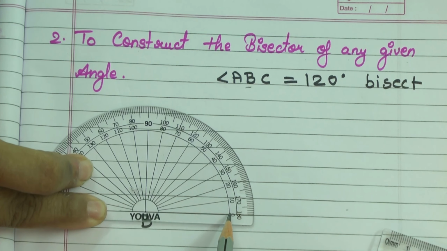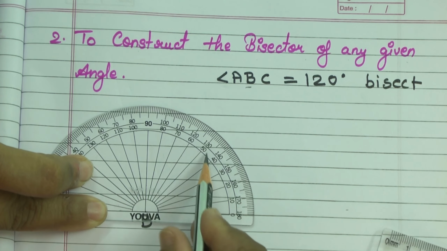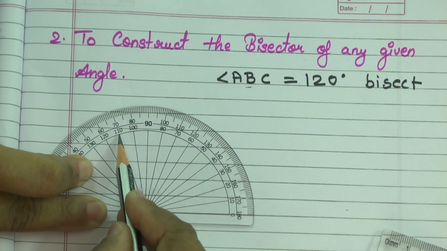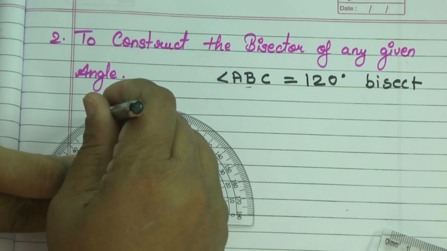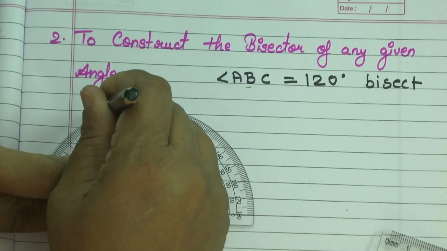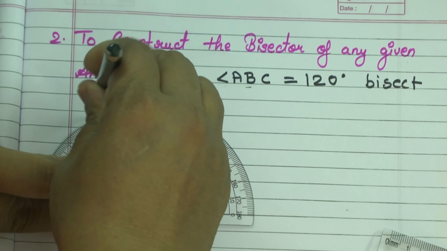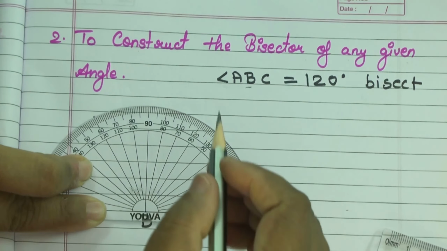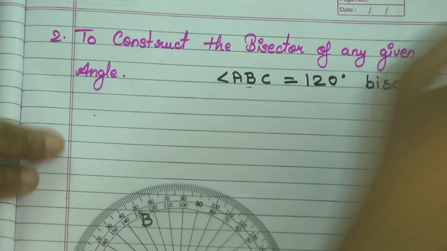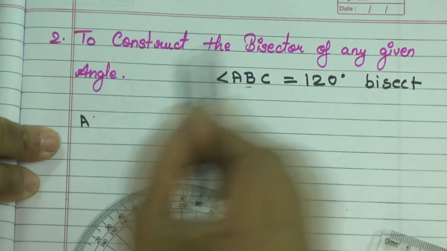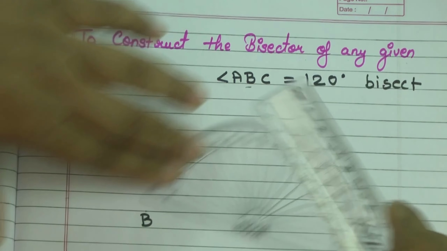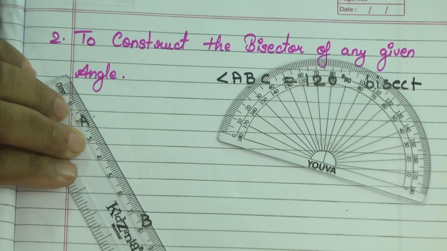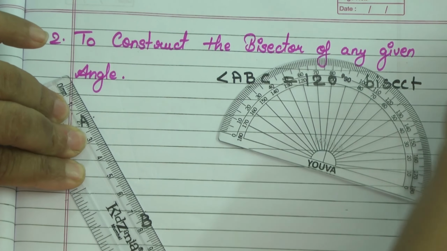See from here 0, 10, 20, 30, 40, 50, 60, 70, 80, 90, 100, 110 and 120. And exactly at 120 you give a mark, a point. Mark that point as A. Take the scale and join the points A and B.